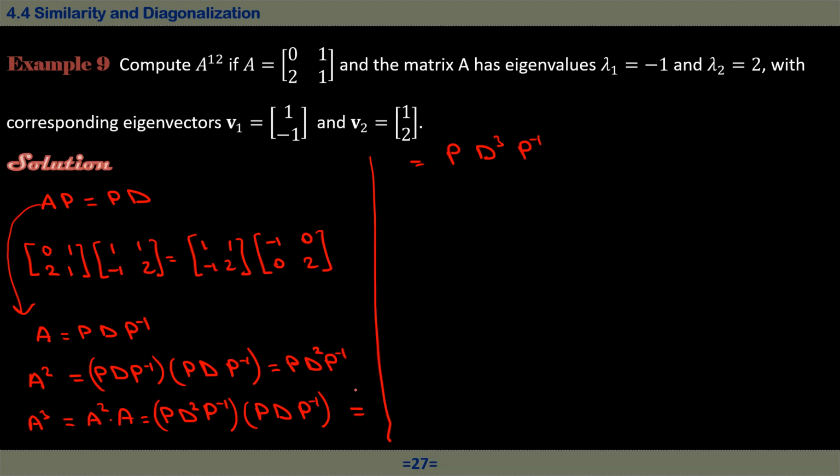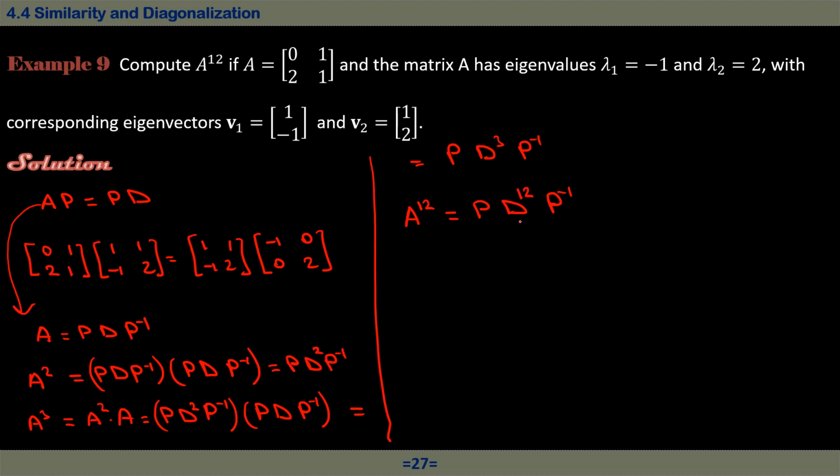So as you see, there's a pattern here. Every time in the middle we have P inverse P, it just disappears. That's equal to the identity matrix, right? It has no effect. So now I can just write A to the power of 12, and that's just equal to P times D to the power of 12 times P inverse.